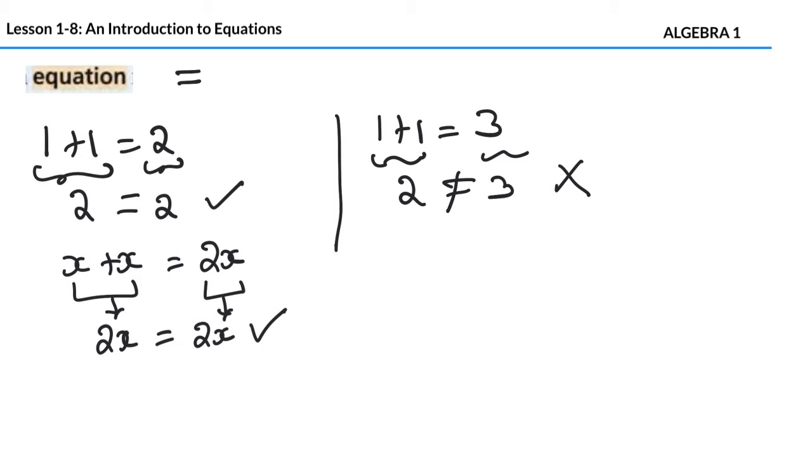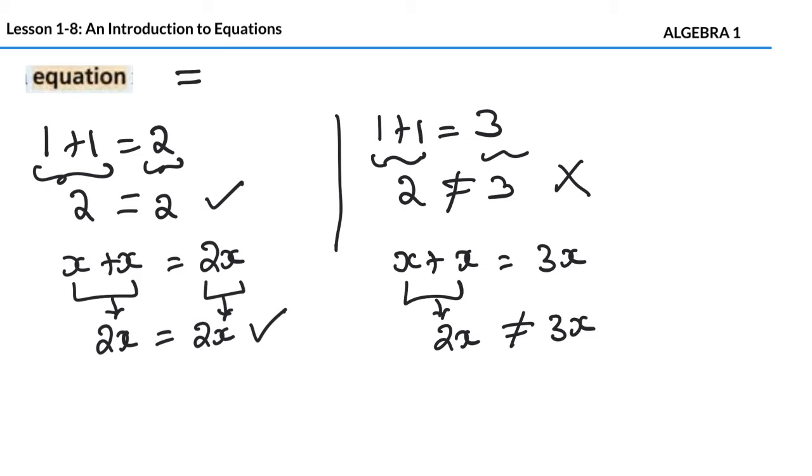Let's take one example of a false equation. x plus x equals 3x. Now the expression on this side is 2x, and we know that 2x is not equal to 3x. So this is a false equation. So now we know the difference between a true equation and a false equation.